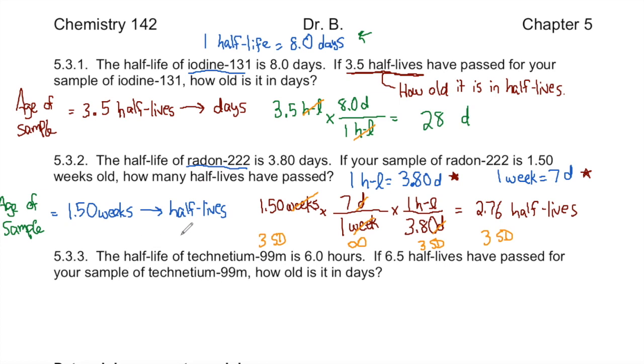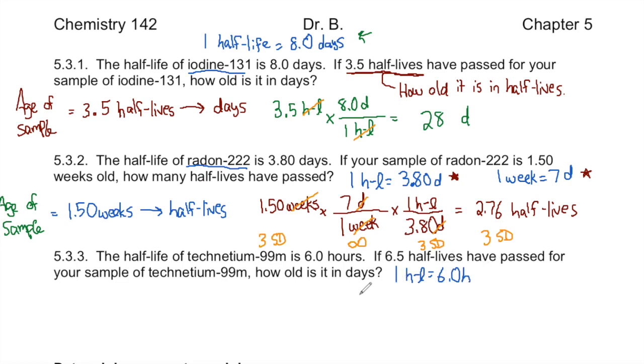Okay, let's try one more of these conversions. The half-life of the metastable version of technetium is 6.0 hours. So this one is even shorter half-life. It reacts more quickly. Let's go ahead and write down that relationship. 1 half-life is 6.0 hours. Now what do we know?